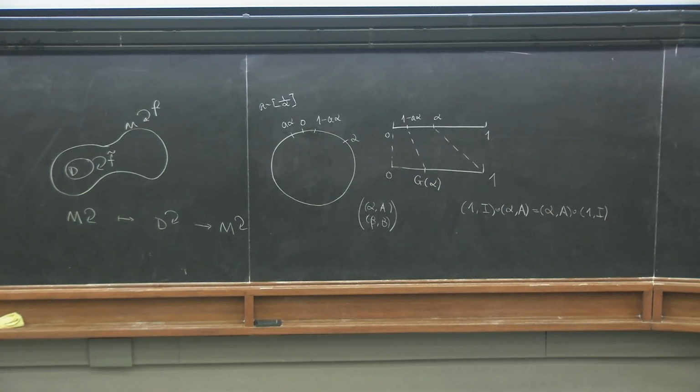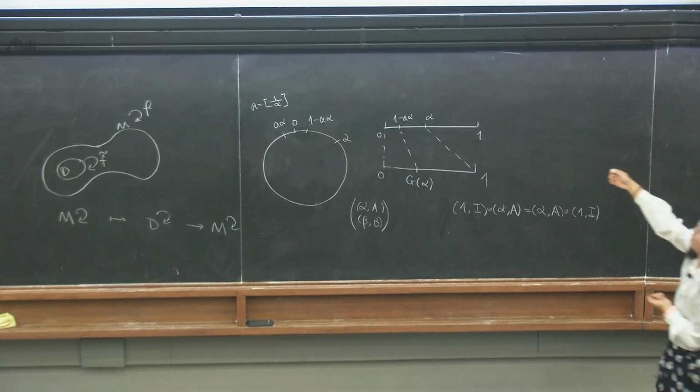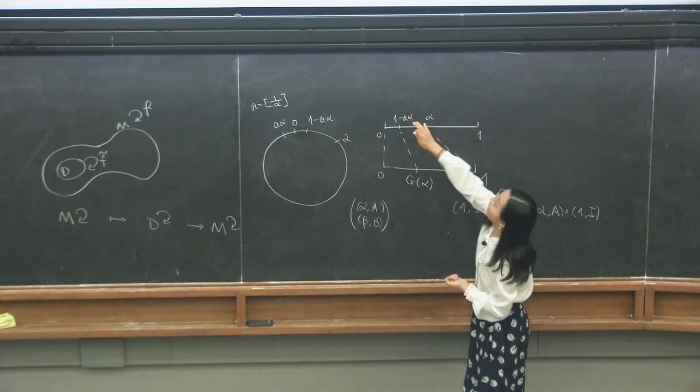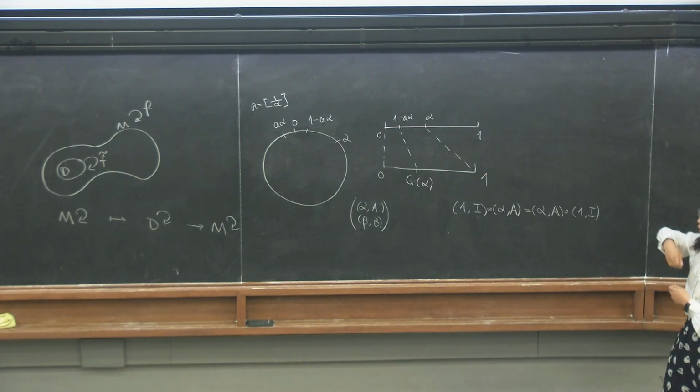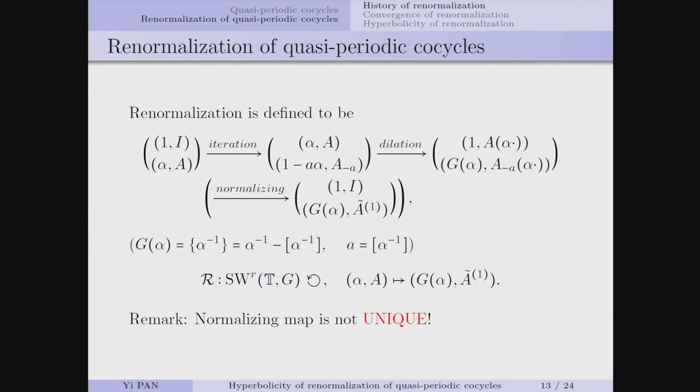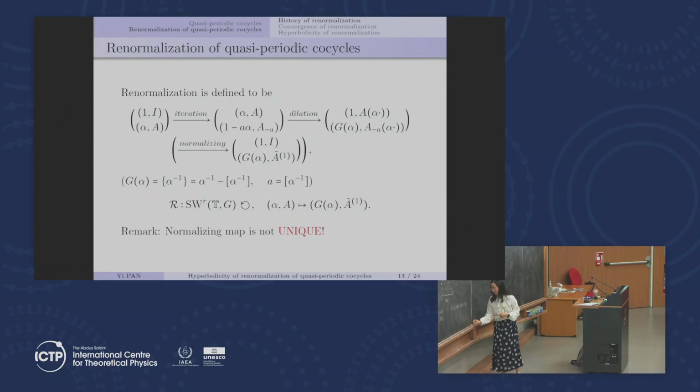And then we do the iterating. We find alpha and 1 minus alpha for the first coordinate. So we will iterate the cocycle accordingly. And then we do the dilation. But then the issue is, after the dilation, we will lose the periodicity. By having two maps on R here, there is no more one-periodicity. So what we do is solve a cohomological equation on R to make the first line (1, identity) again.